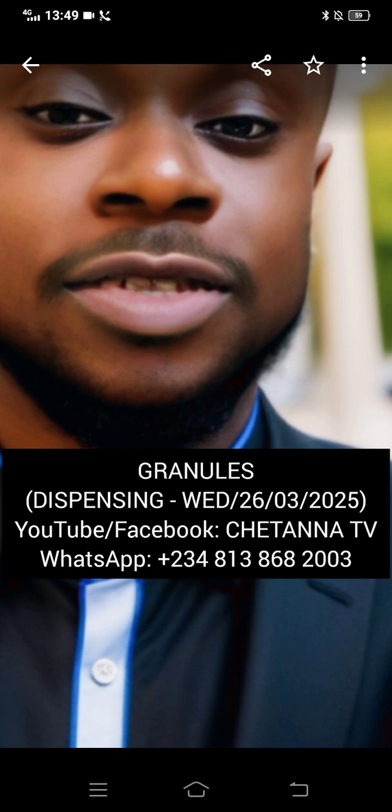This is typically the principle behind granulation. All these stages are what you pass through in granulation, though they may bear different names. It is the same skeleton, the same process. So if you understand how you process garri, this is what granulation is all about.